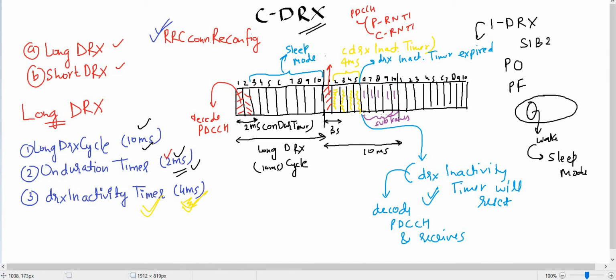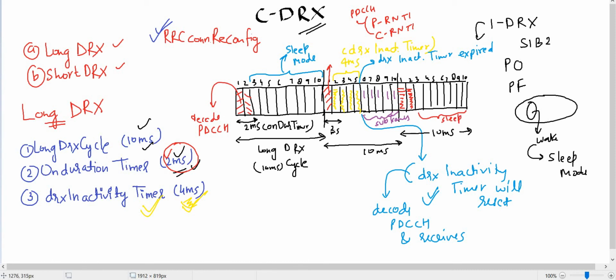Again from this point, the long DRX cycle is started, that is for 10 millisecond, and in those 10 millisecond you will decode the PDCCH in the first 2 millisecond. Here again it will decode the PDCCH. Suppose no data is there, so again you will go back to sleep mode.